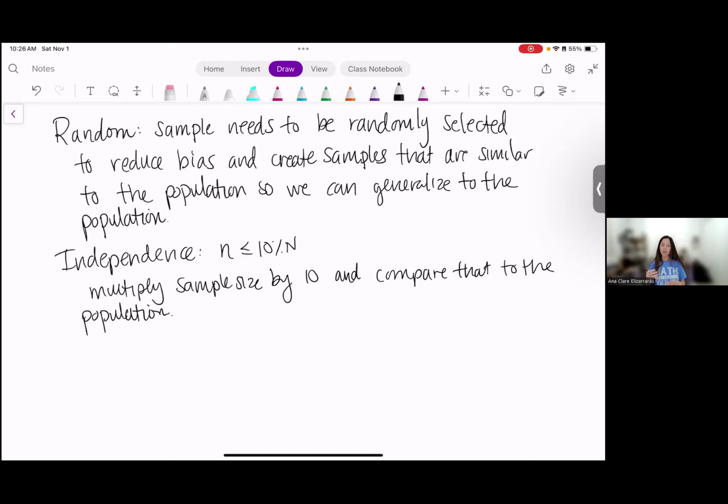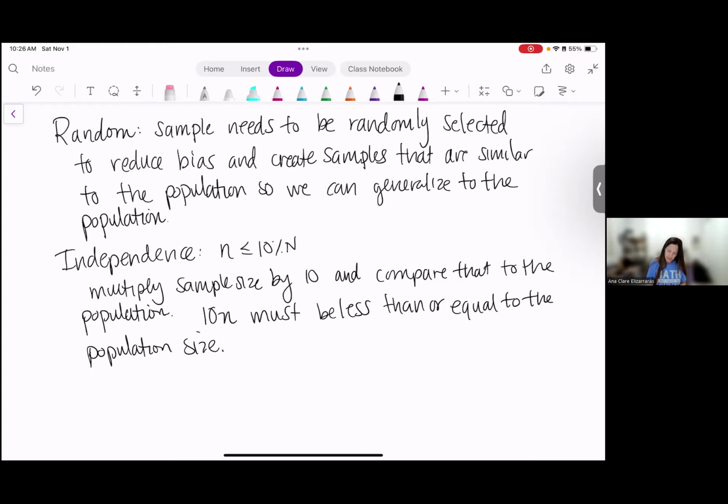If we're given a population size, then we need to make sure that that number, the sample size times 10, is less than the population size. So 10 little n must be less than or equal to the population size. And if we don't know the population size, we need to consider whether that's true or not.